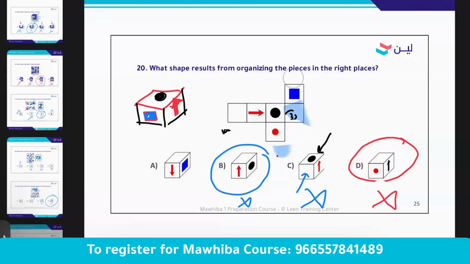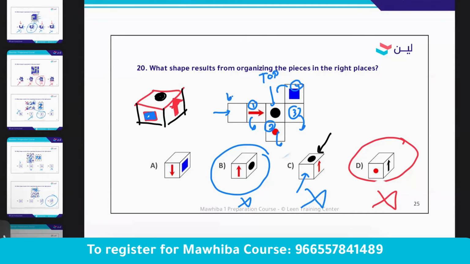I really wish that I explained this in an obvious way. Again, when I fold, if this is the top, and this is side number 1, the red arrow is side number 1, this one is side number 2, this one is side number 3, and this blue square is side number 4. Because I'm folding it this way, and this way, and this way.